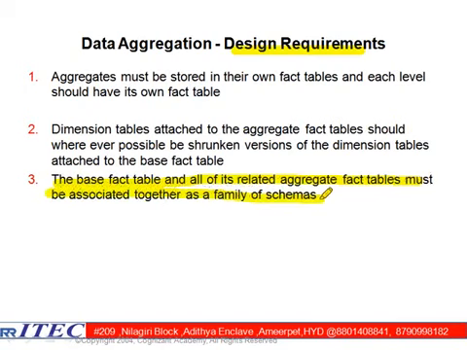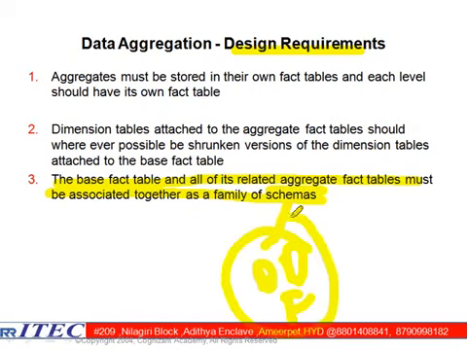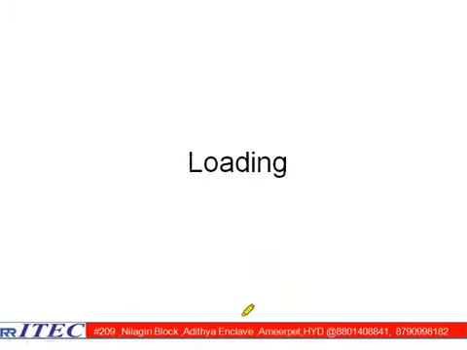That means n number of dimension tables and n number of fact tables are grouped together to form schemas. I will talk about schemas later. As of now, a schema is nothing but a group of dimensions and facts.